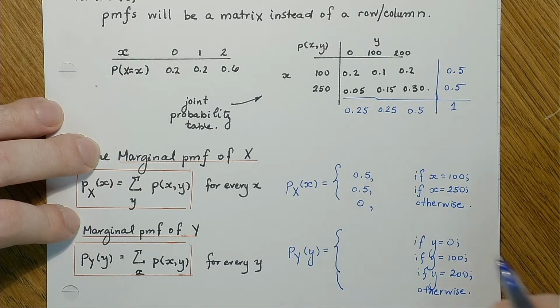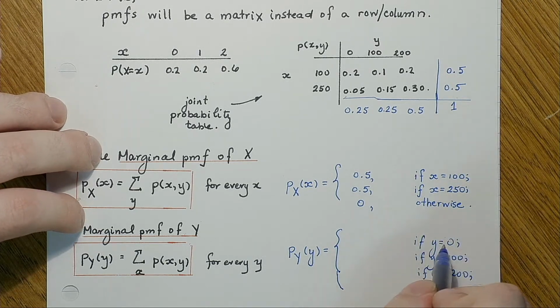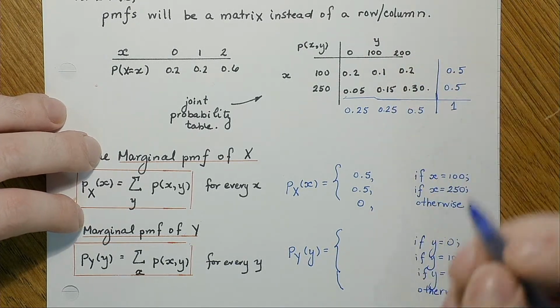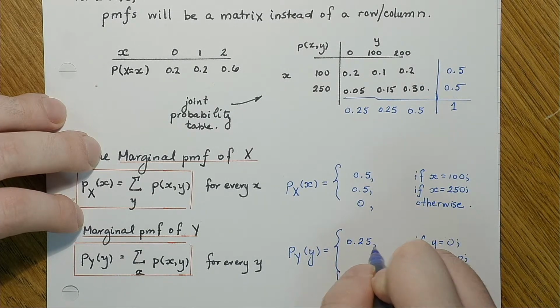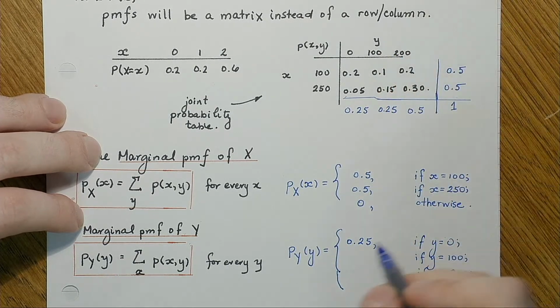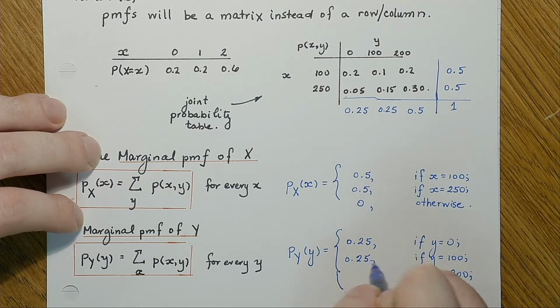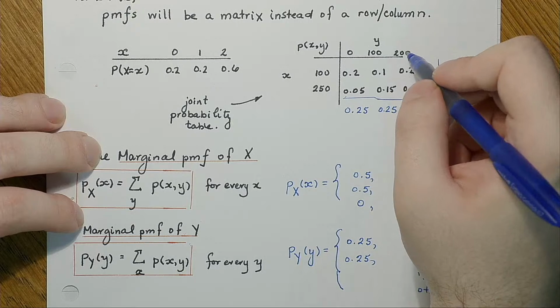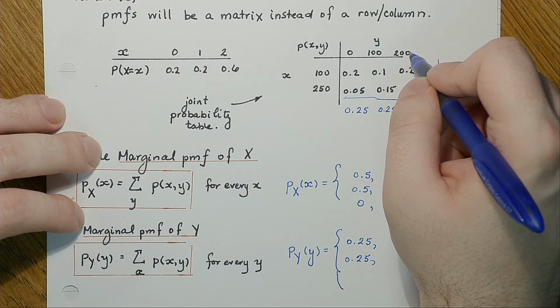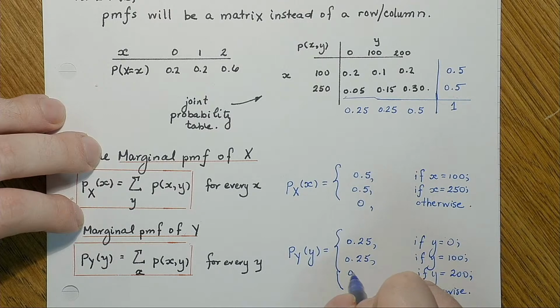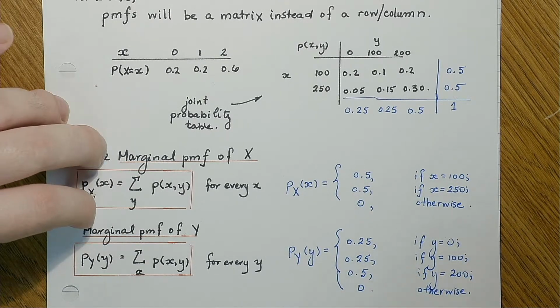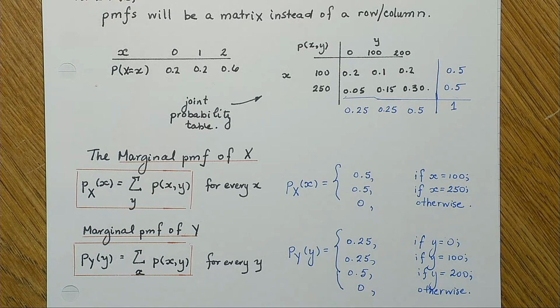If y is 0, then that's 0.25. If y is 100, then it's 0.25. And lastly, if y is 200, it's 0.5, and 0 otherwise. So those are the marginal probability mass functions of x and y.